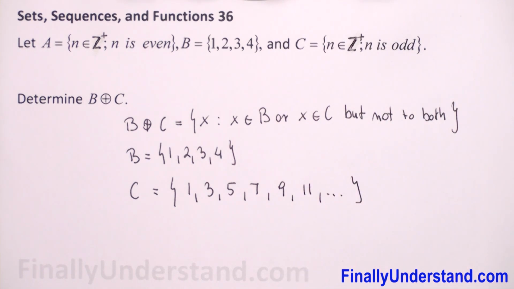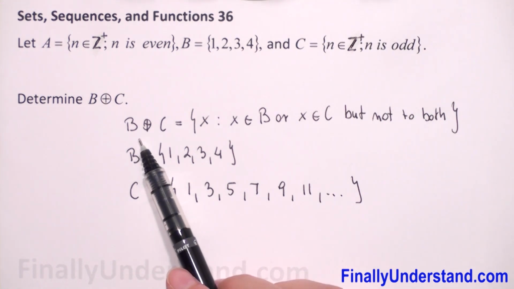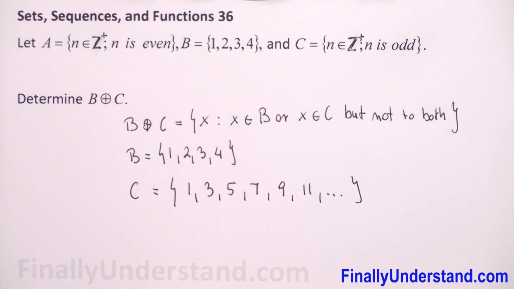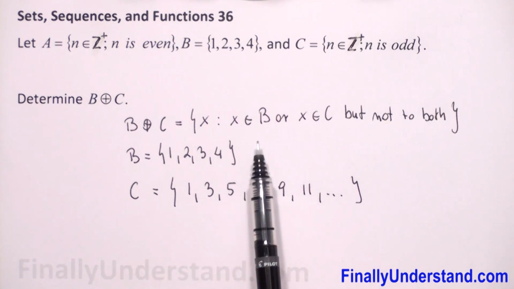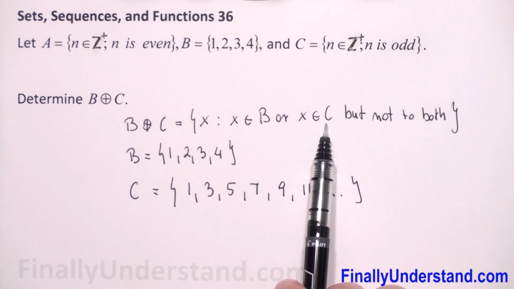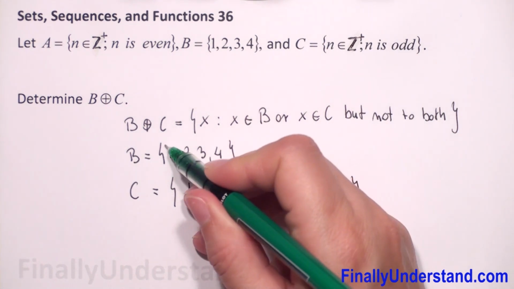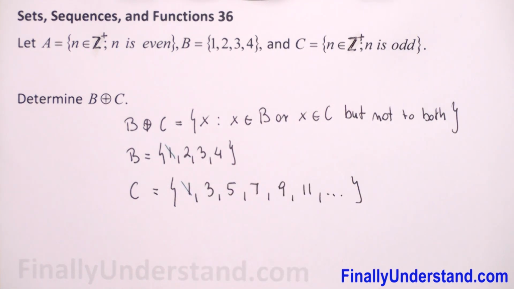So now when we have to find the symmetric difference of the sets B and C, we have to put all numbers from set B and from set C, and we cannot put numbers which repeat. So we have 1 and 1, so we cannot put it.